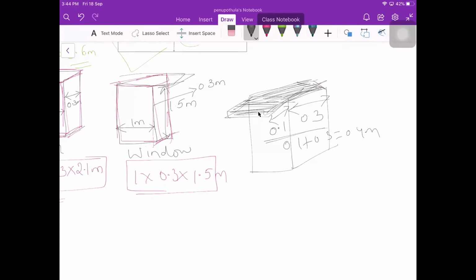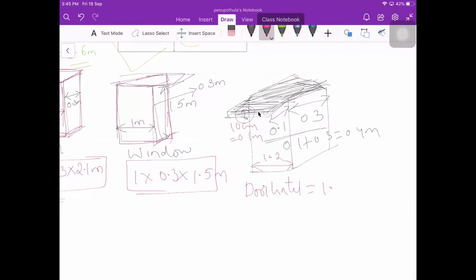And the thickness is also mentioned. The thickness is 10 centimeters or 0.1 meter. So in total, the door lintel dimension: if it is the door the width is 1.2, so it will be throughout 1.2.